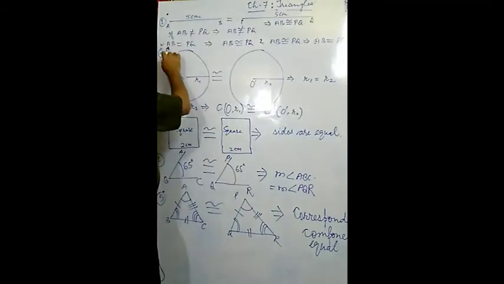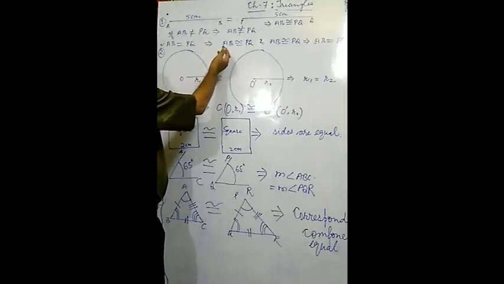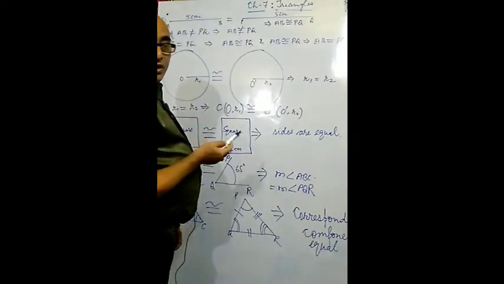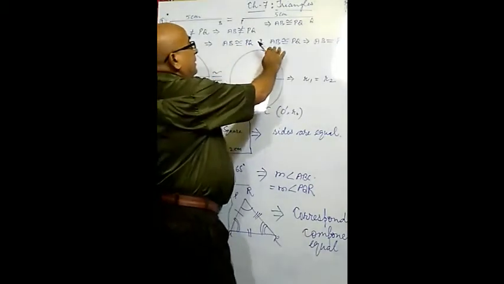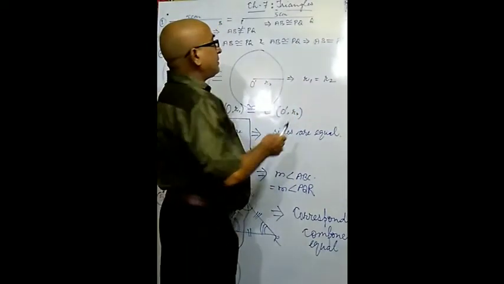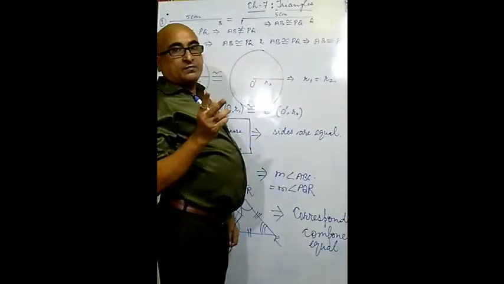If it is given that AB equals PQ, it implies AB is congruent to PQ. If it is mentioned that AB is congruent to PQ, the meaning is that AB is equal to PQ. Both are different things.